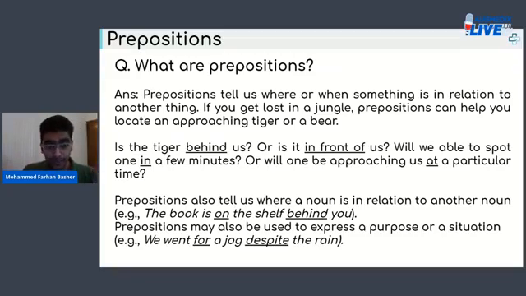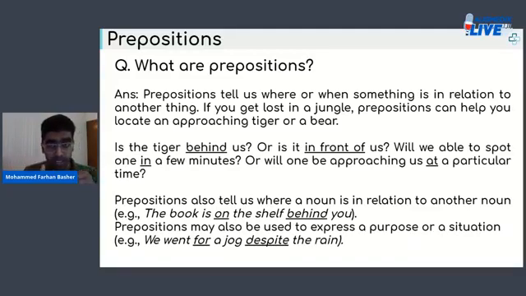So you see here, we're using two prepositions to locate the book, to actually pinpoint the exact location of the book. So where is the book? Someone asks you, where is the book? So you say, the book is on the shelf. So the shelf is identified as well. It's on the shelf behind you. So the person who's asking is possibly standing with his back facing the shelf.